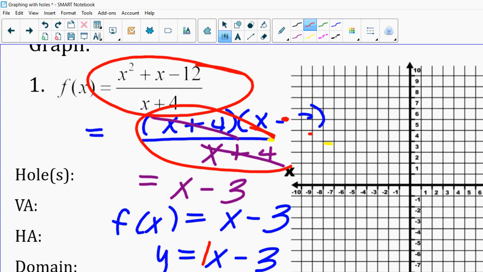I'm going to go down to my Y2, and I'm going to type in the stuff that I had left, which was what, x minus 3? Now, what I want you to do is watch, and specifically watch where that hole was. What? It got filled in.